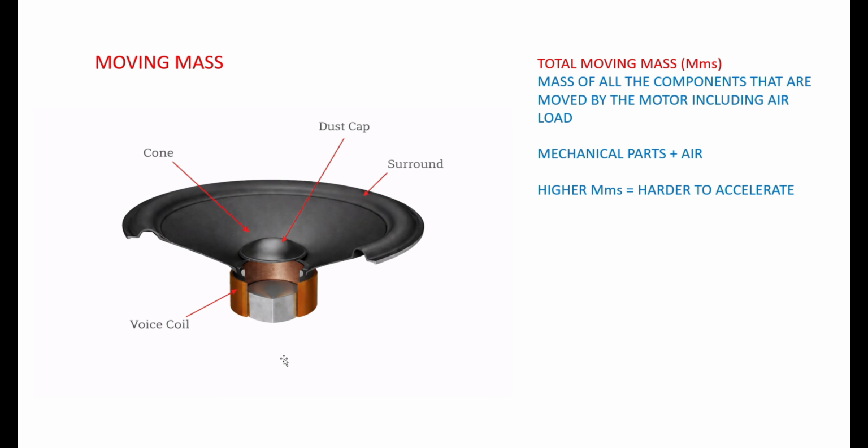I'm generalizing, but yeah, that's the main idea. So if you're comparing two speakers and you look at the moving mass and you look at the motor force, you can get a bit of an idea which one's going to be more controlled than the other.